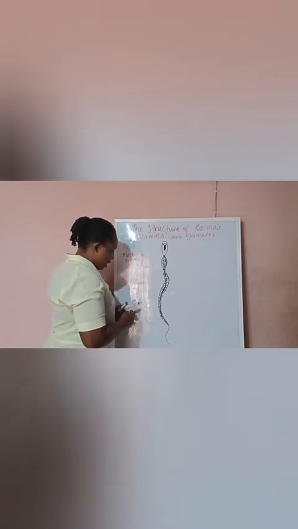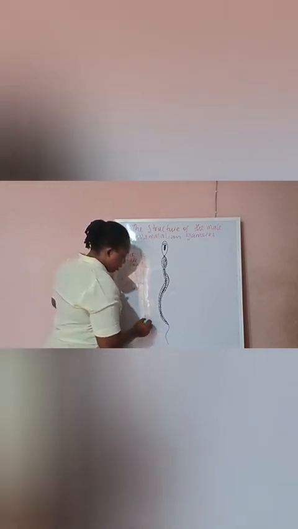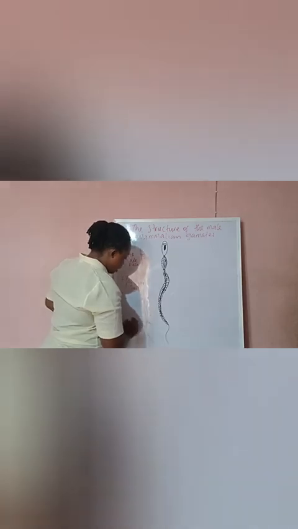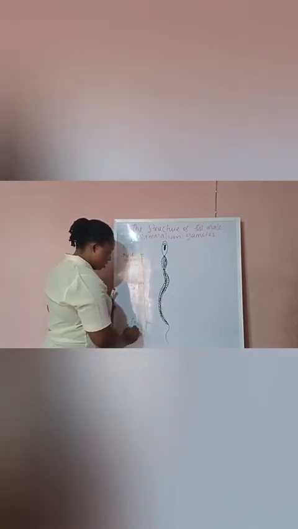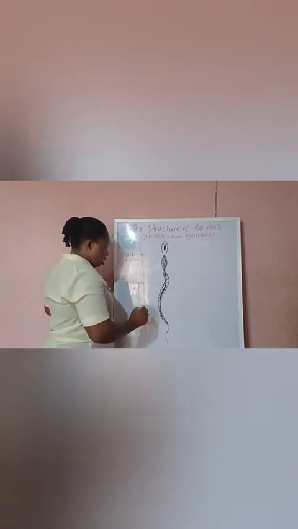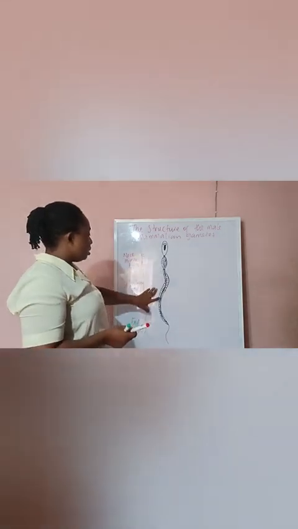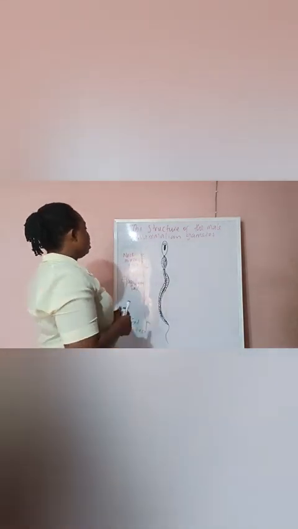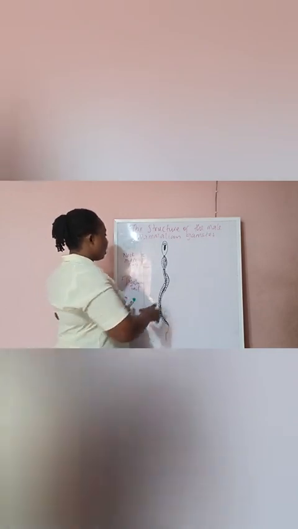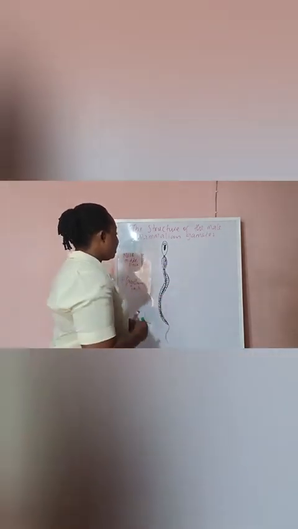And this is the end piece. Now we can see the different segments in the structure, so we are going to be looking at the different structures that are there.